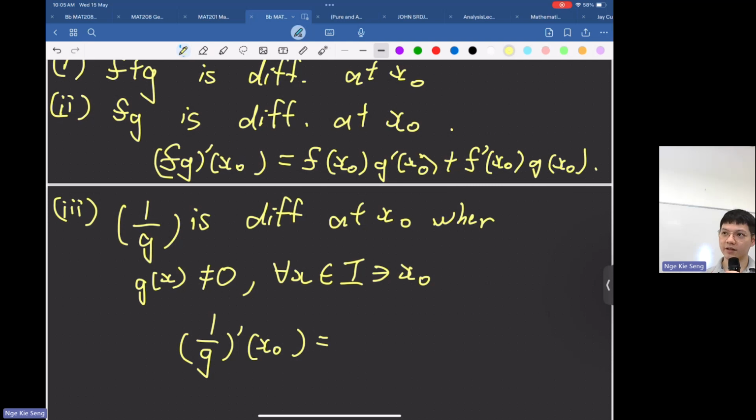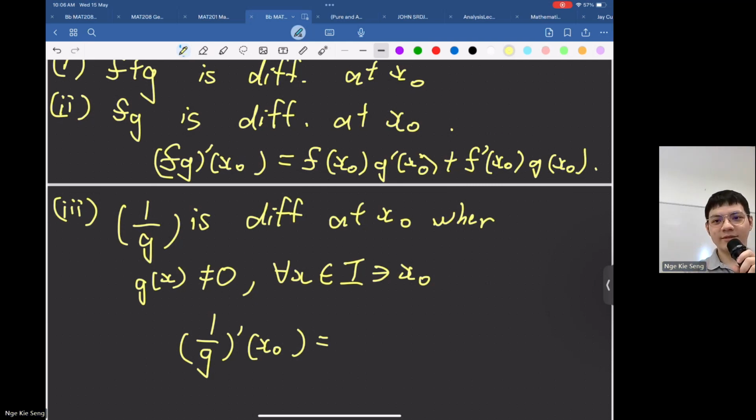So you've got an interval around x naught such that at all the points there g of x is not equal to 0, including g of x naught is not 0. So what is this formula here? Quotient rule.